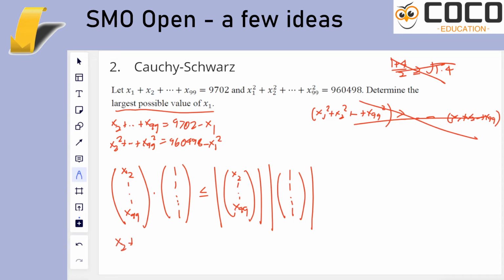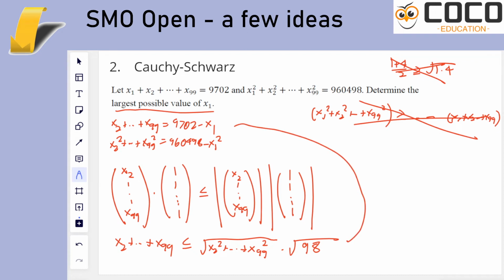So x2 to x99 is less than or equal to the square root of the sum of squares from x2 to x99, and then just 98. So I'm going to leave you to do the substitution and to solve for x1.